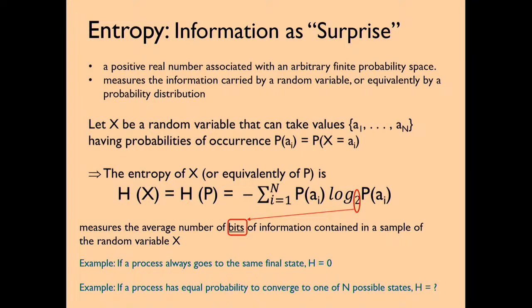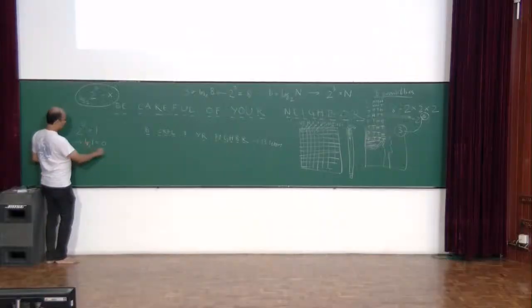What is log to the base 2 of 1? 2 to the power 0 is 1, and so log of 1 to the base 2 is 0.